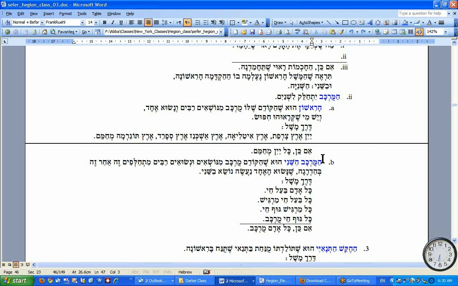Okay, so the second one, the Merkav Hasheni, hu sha'kodim Merkav minosim v'nosuim rabim mischalfim ze achazeh b'hadraga shenasu echad naseh noseh b'sheni.